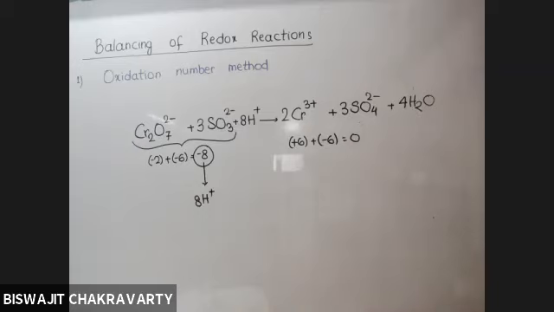If it is acidic medium, that difference has to be balanced with the help of H plus. And if it is basic medium, the difference has to be balanced with the help of OH minus. And whatever extra hydrogen comes out during addition of H plus and OH minus, we will balance those hydrogen atoms with the help of water on the opposite side.